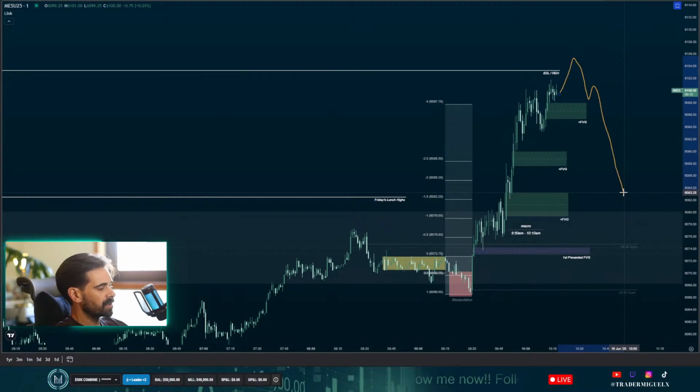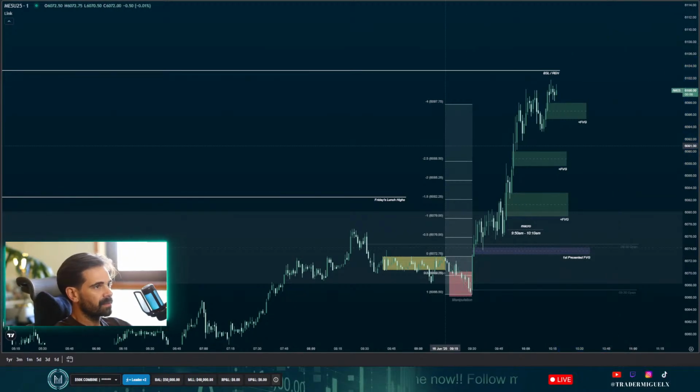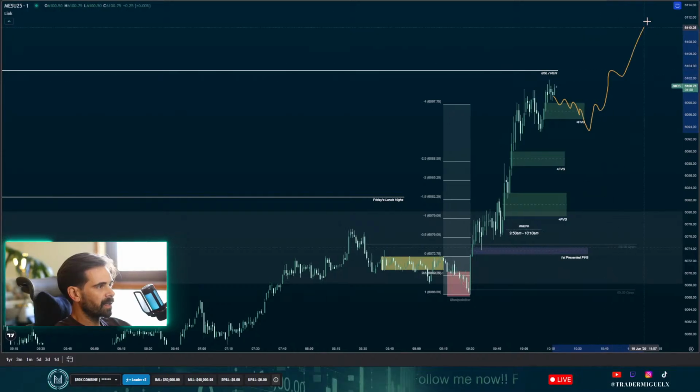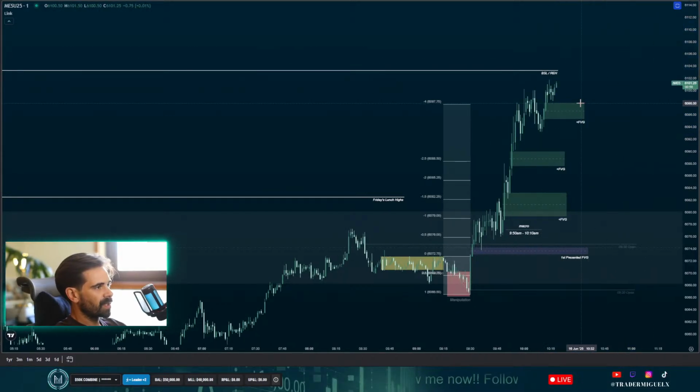It can eventually do that, or it can eventually, I don't know, just be here for a while, take out these lows, grind higher, and take out. Yeah, this can eventually happen as well, or price can eventually do some type of action like this.